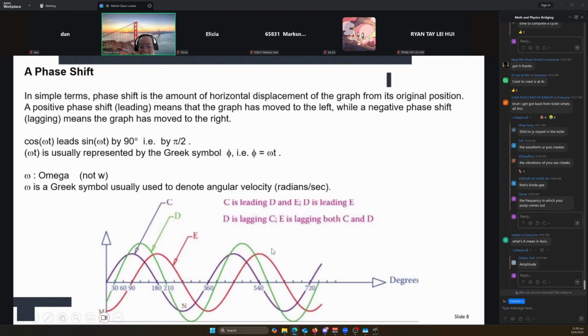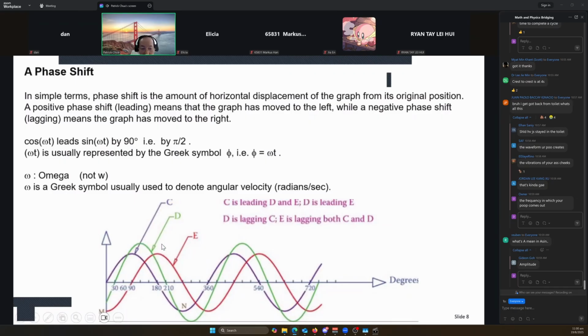We therefore say that waveform C reaches the peak earlier than the green and the red. So C is leading D, and D is leading E. In terms of lagging, D is lagging behind C, and the E waveform is lagging behind both C and D. Lag is the opposite of lead.